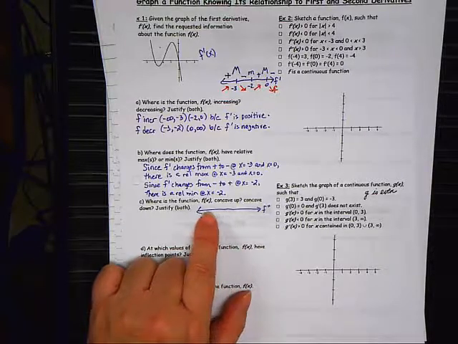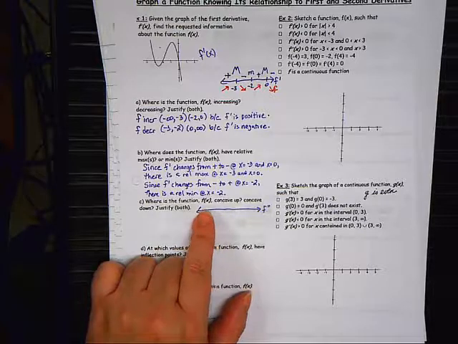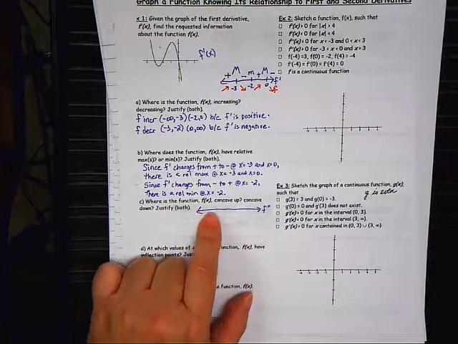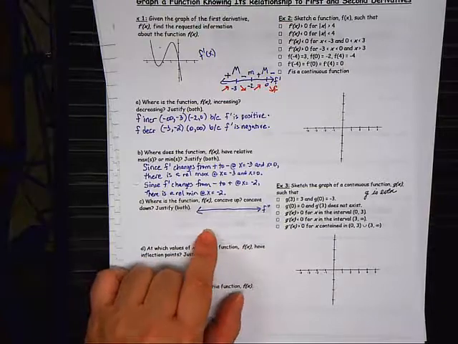What symbol is on an f prime number line when the graph is concave up? On this number line, what symbol would you see if it was concave up? You would see a plus sign, right? And if it was concave down, you would see a minus sign.